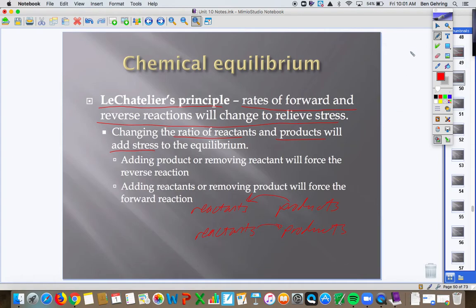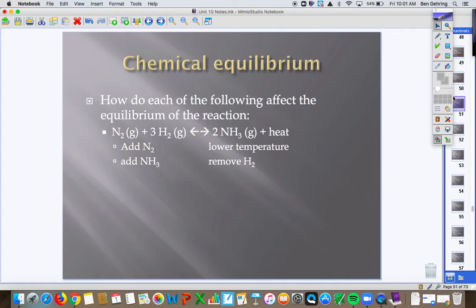And so let's look at this in an actual scenario. Okay, so here's my ammonia reaction. I have nitrogen plus hydrogen produces ammonia and heat. Given this reaction, we know that this is an exothermic reaction because heat is on my product side.